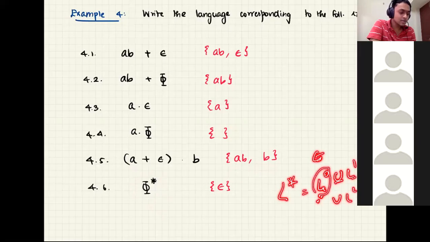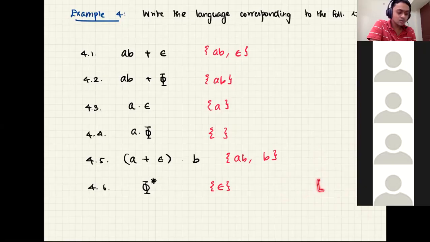This will be you take all strings of L once. This will be strings in L concatenated with strings in L, and so on. So it doesn't really matter what that L is, even if it's the empty set. Phi power 0 will have epsilon. Okay, this is a technicality. Don't really have to worry about it.